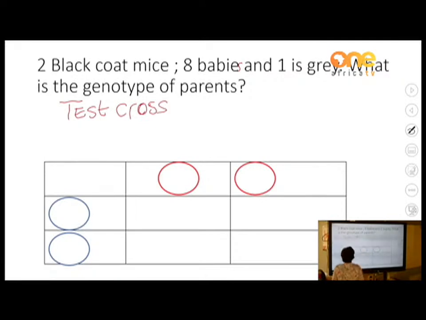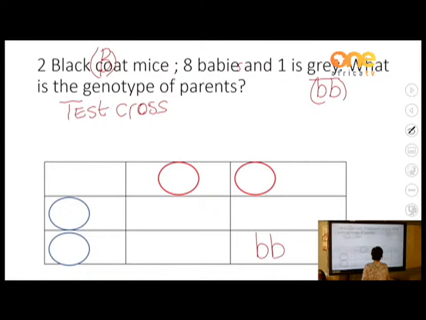So, if I have a baby and the baby is grey, again, we have black as dominant, and the baby is grey, so the little baby will look like this. I write in here, small b, small b.